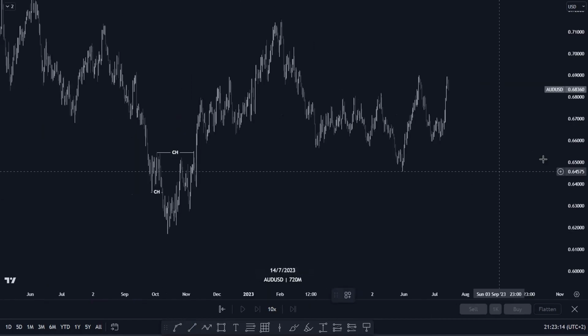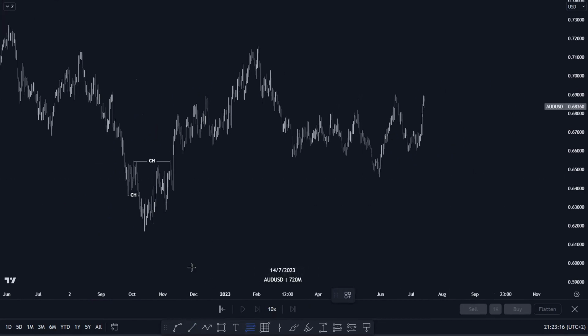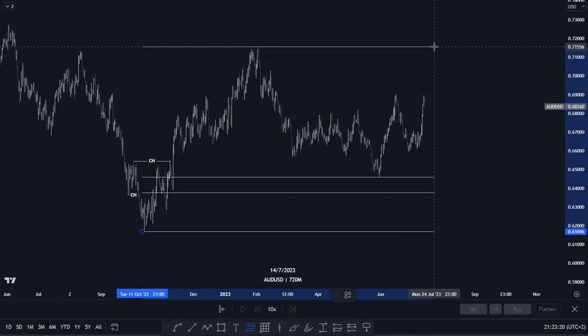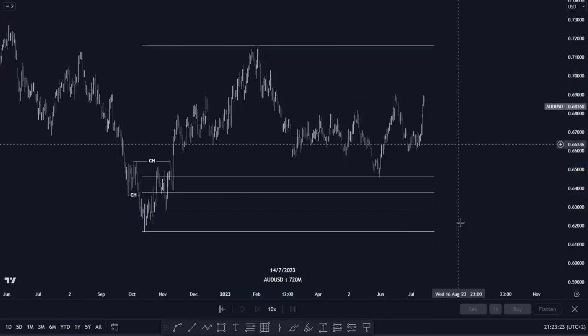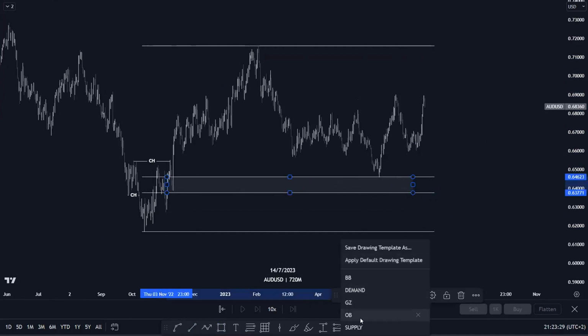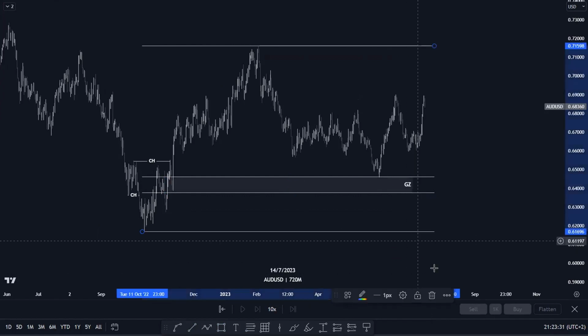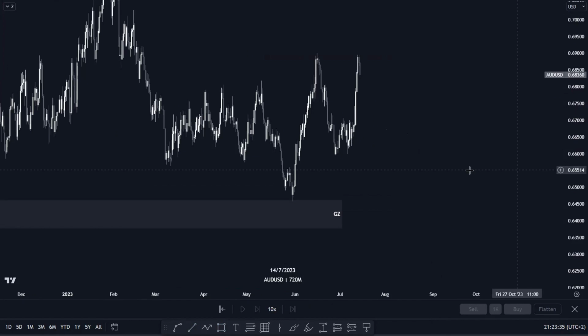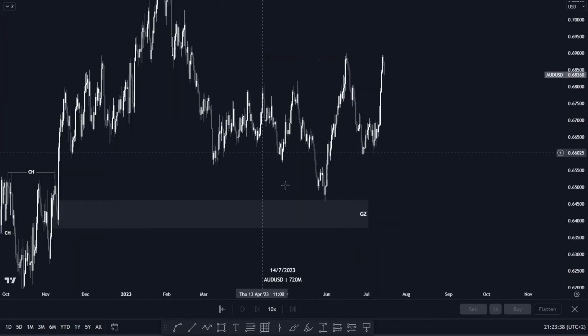So now, if you take our golden zone tool, you can see that price tapped us into a golden zone entry. So now, within the zone, we're going to look for our confirmation entries.